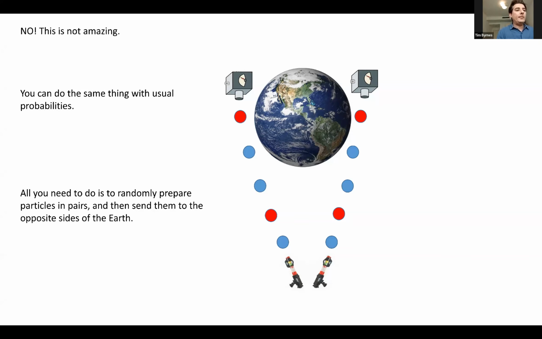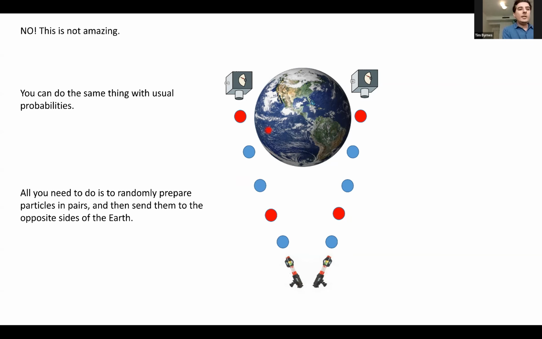You can always have some correlations, and just to show you how, you can have something set up like this, where say you've got two guns shooting out red and blue balls to each side, and suppose that at the beginning you make sure that each time there's a blue ball going this way, you also have a blue ball, and each time there's a red ball, there's a red ball, and so forth, right?